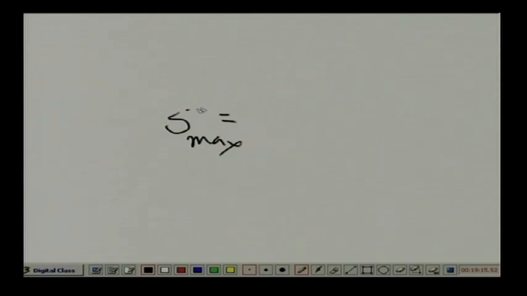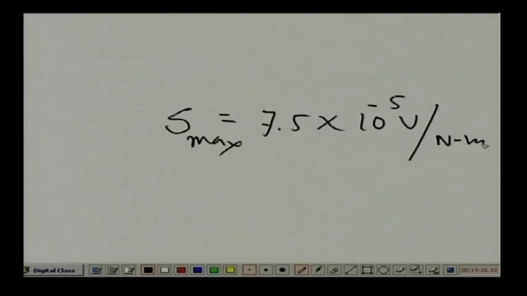So, the sensitivity in this case, S max, will be 7.5 into 10 to the power minus 5 volt per Newton meter, right. So, with this I came to the end of this lesson, that is of the torque cell.